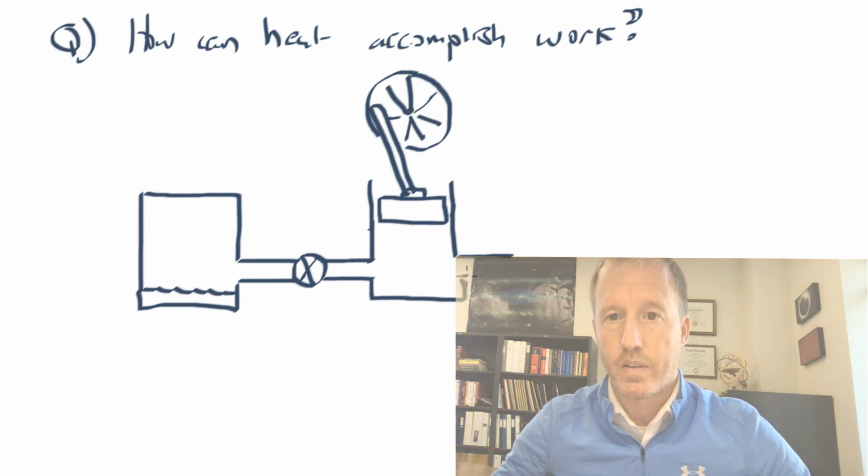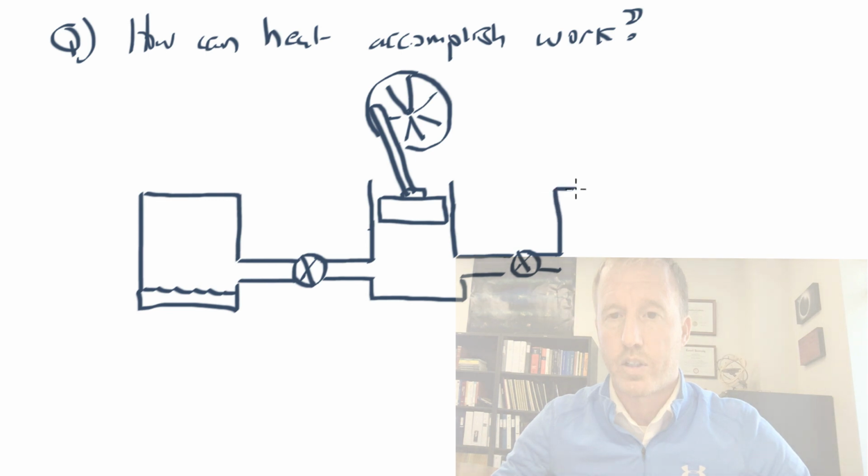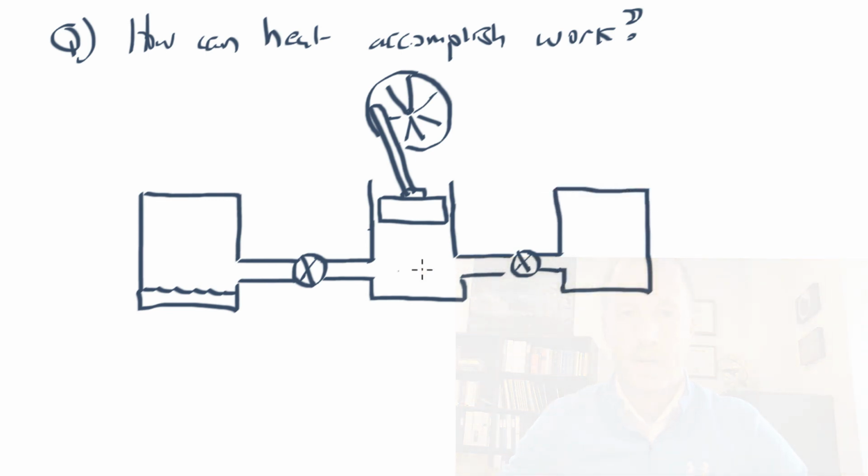This chamber in which the piston is sitting is attached to another valve, and that valve is attached to a third chamber. Okay. Now, here is the idea. This chamber over here has built underneath it a fire. I'm just going to draw some logs here.